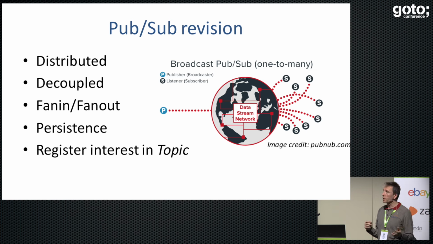And in fact, we offer a kind of hybrid. You can opt to have both, and I'll talk about that in a little while. But the key here is where a subscriber is registering interest in a topic. It's saying, I want to receive data of a particular type. And your publisher is then tagging data with that metadata.